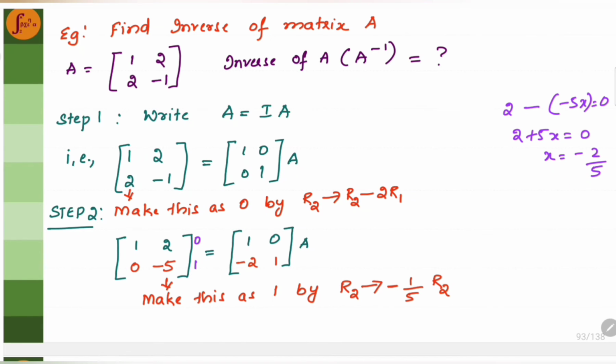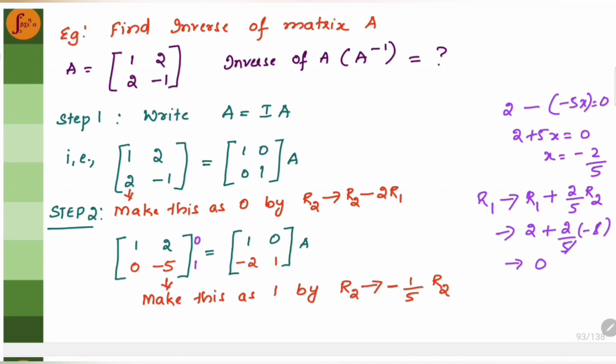So if I take row 1 and add 2 by 5 into row 2, so row 1 is 2 plus 2 by 5 of row 2, which is minus 5. This will get cancelled, and I'll be left with 2 minus 2, which is going to be 0. So I can use this approach.